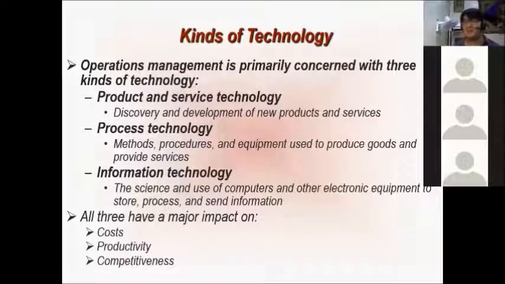Like what you do in your project design, you are innovating, and some of you are developing new products. In process technology, some of you are introducing new methods, new procedures, and equipment used to produce goods and provide services.